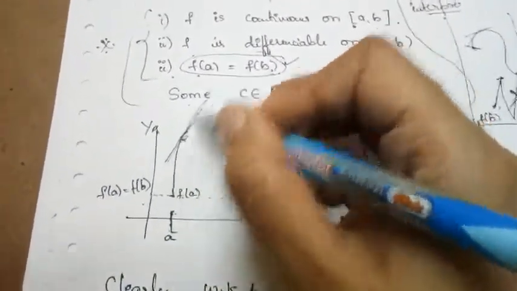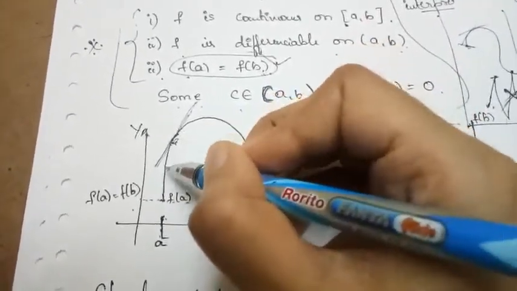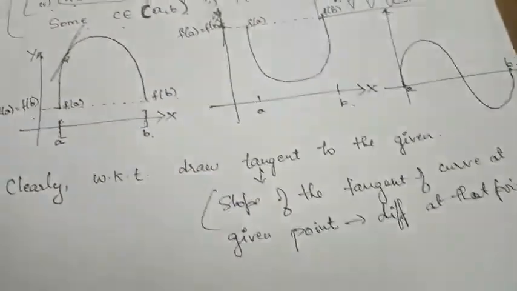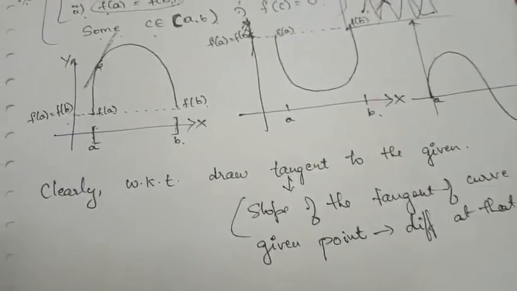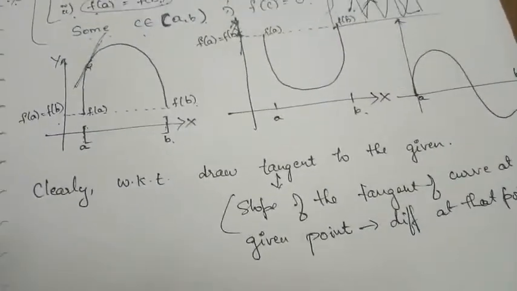The slope of this tangent is nothing but the differentiability of this curve at the point P. This is what the graphical meaning of differentiability is saying, which I have already explained while explaining the introduction of differentiability.